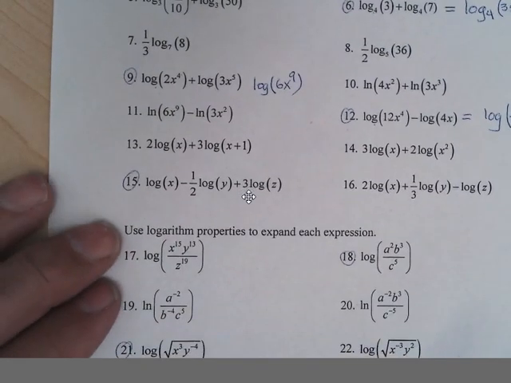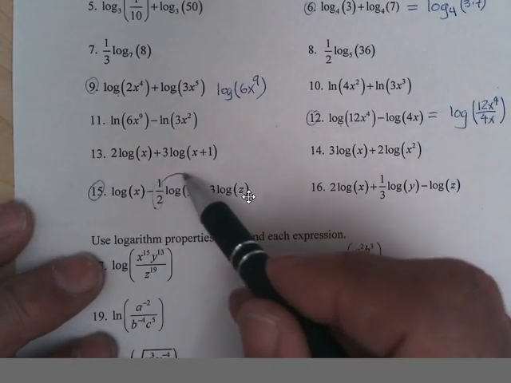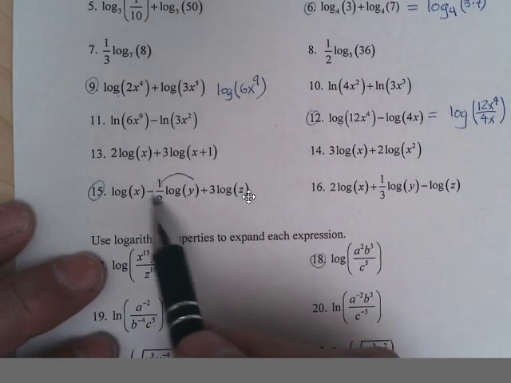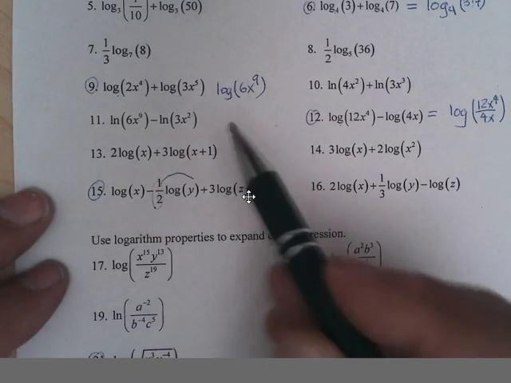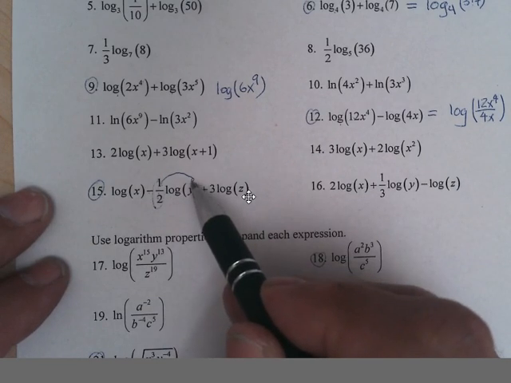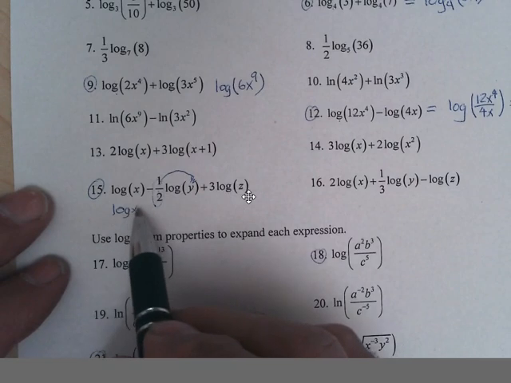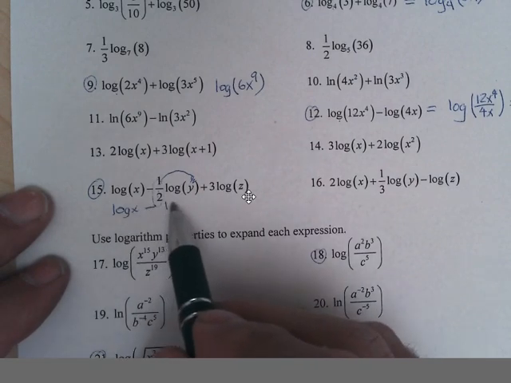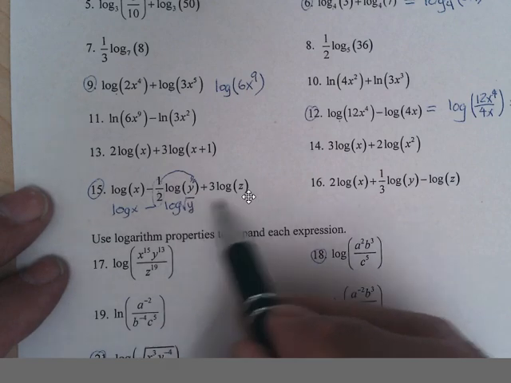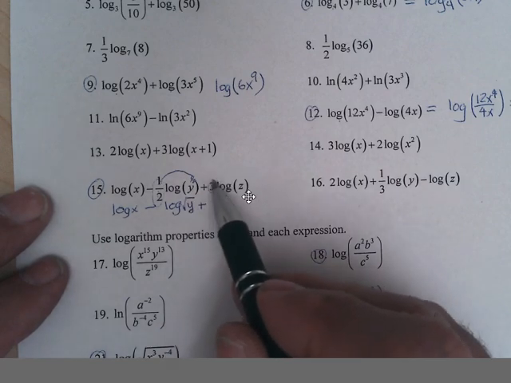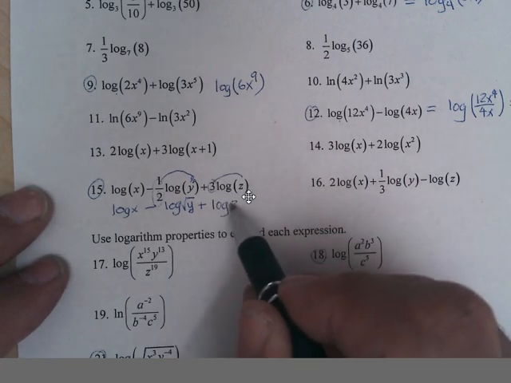And this one is the more complicated one here. We've got a number in front which would go up as a power. And you can use the negative and take it up, or just do it without taking the negative up. It'll end up the same. I'm going to put the half as the power of the y. So we have the log of x minus the log of y to the 1/2 power, which is the square root of y, plus, and the 3 will go up as the power of the z, and so it becomes log of z cubed.